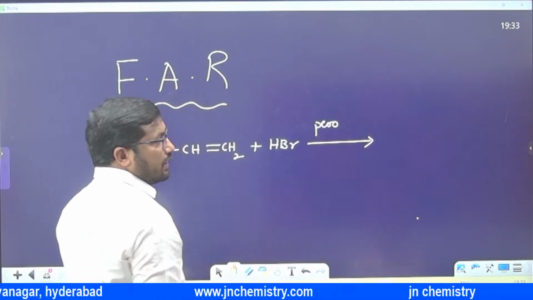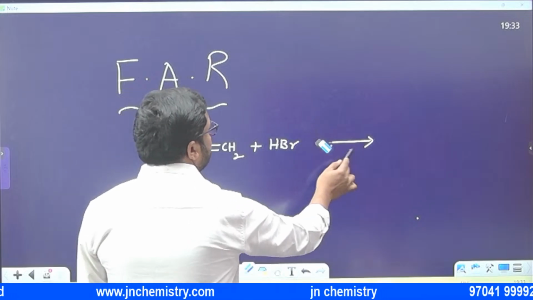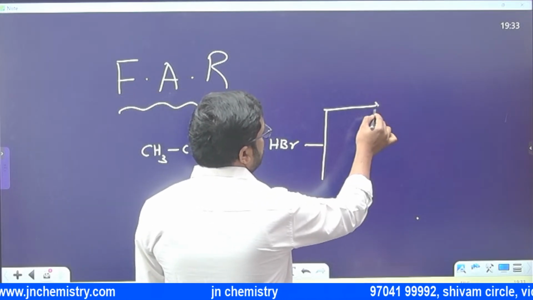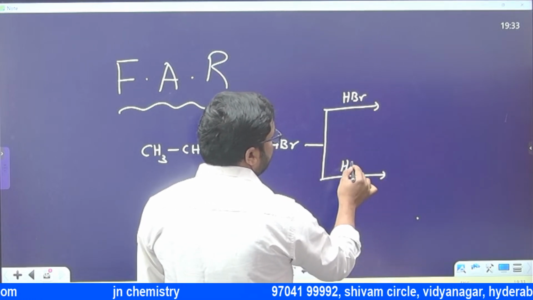So, with peroxide and without peroxide, two reactions are there. For example, if they give it without peroxide, that is an electrophilic addition reaction. Only HBr. Here we are giving the HBr with peroxide.